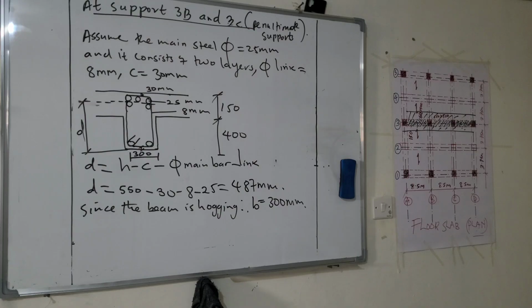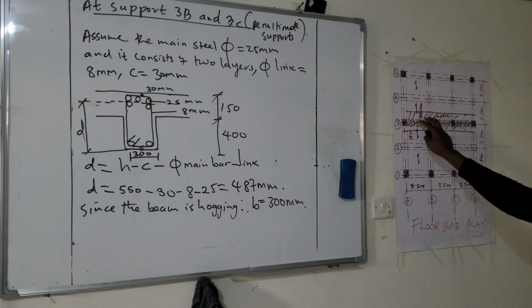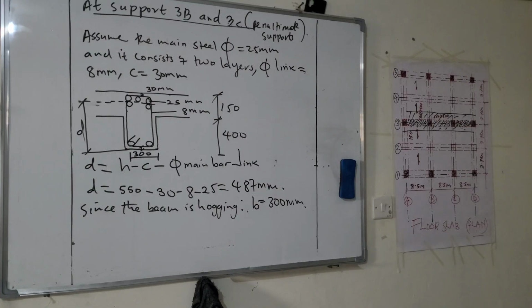And like the other case, when you calculated the first reinforcement of this span, the penultimate span, there was no negative moment, so the B was the lesser of the two. So for this one, the B will be the width of the beam.